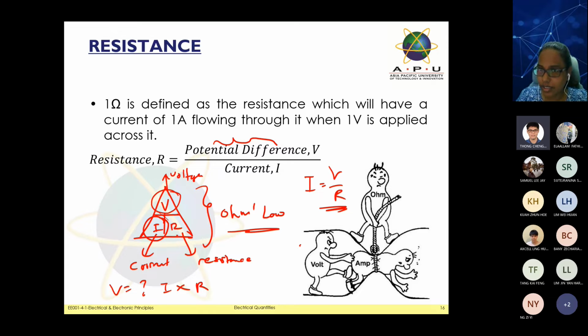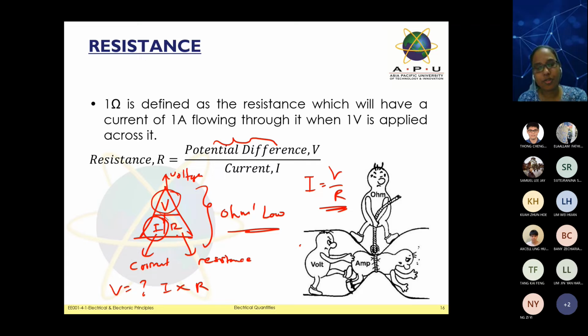Okay, so what happened to your ampere? Is it increased or reduced? As in the diagram, I think it is decreasing because you want to fit through the hole more. Okay, thank you. I'm not sure who the person is, but thank you for the answer. That's a good try.